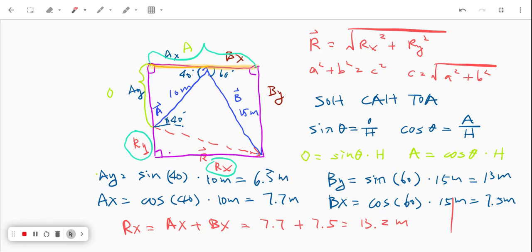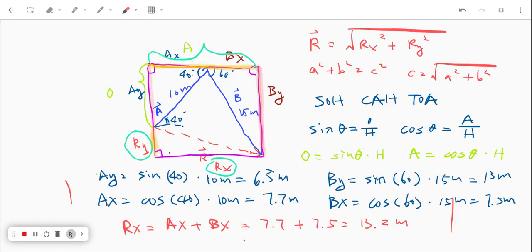Then you need to do the Y. How do you get the Y? Again, the Y is right here, right? And that is equal to the longer side, BY, subtracting the shorter side AY, then you can get the yellow part.